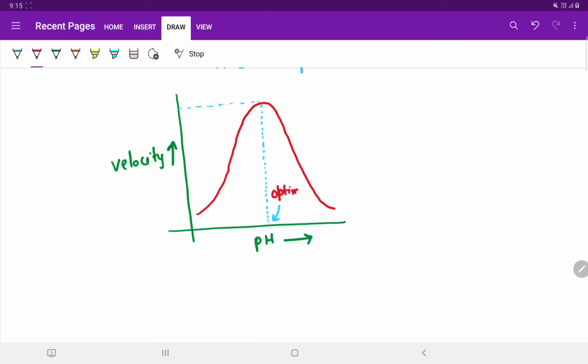This is the value for optimum pH. Above and below this range the enzyme activity is much lowered, and at extreme pH values the activity is totally lost and the enzyme becomes inactive.